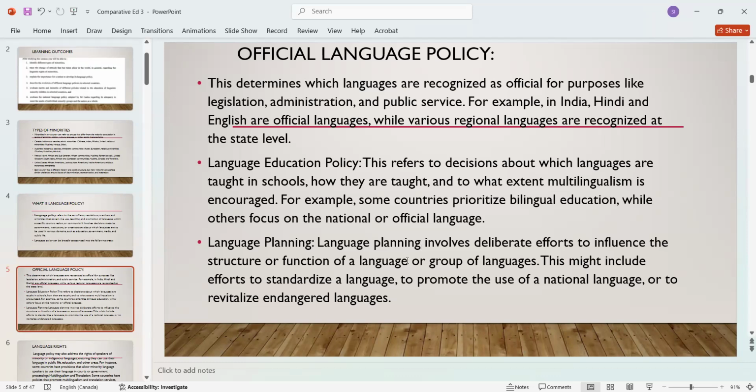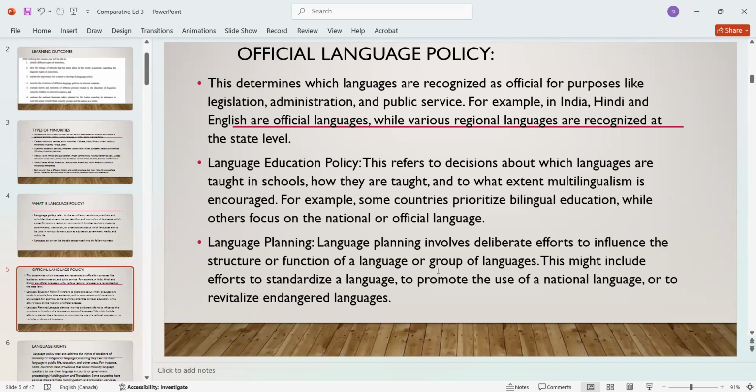For example, some countries prioritize bilingual education while others focus on the national or official language.